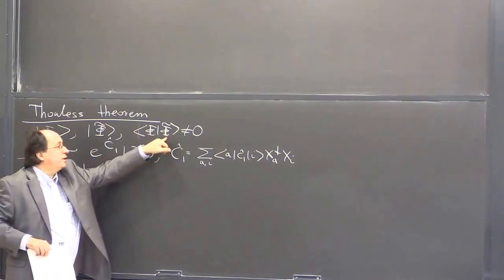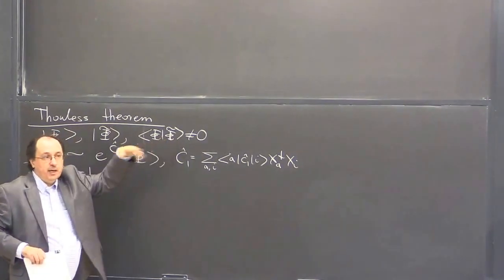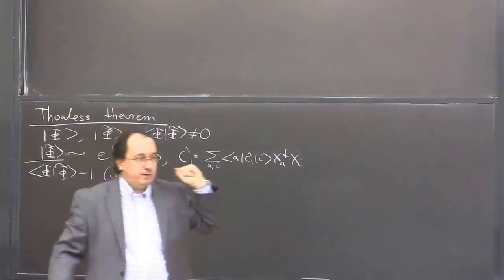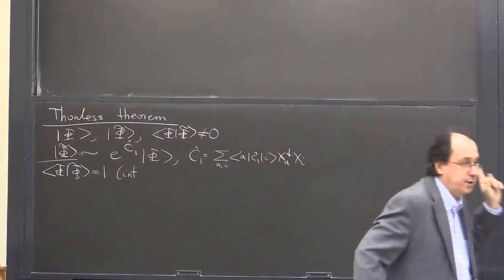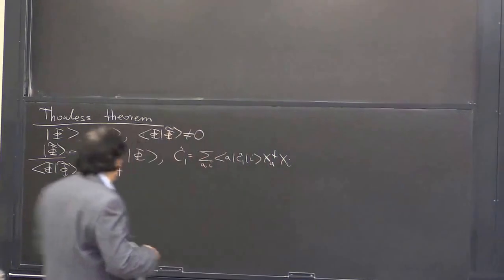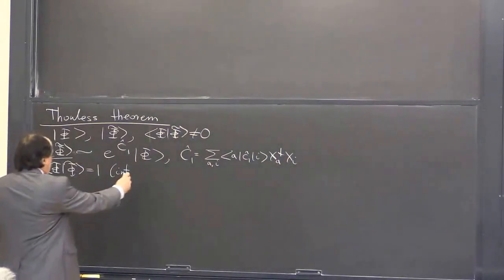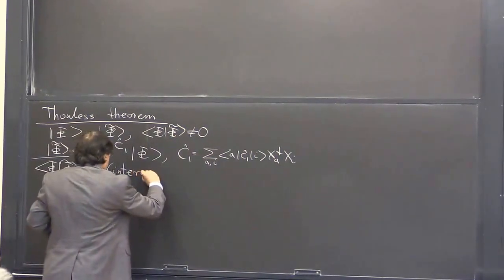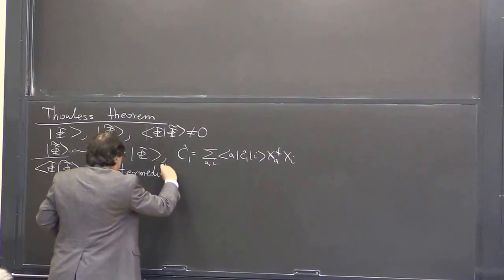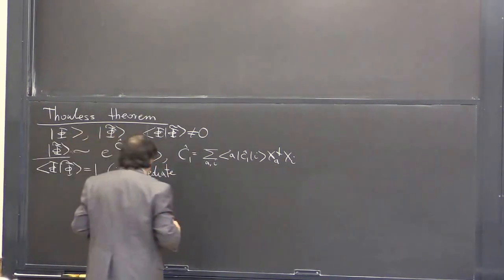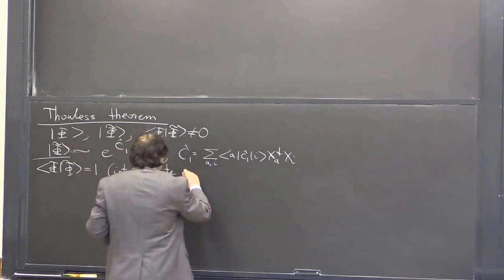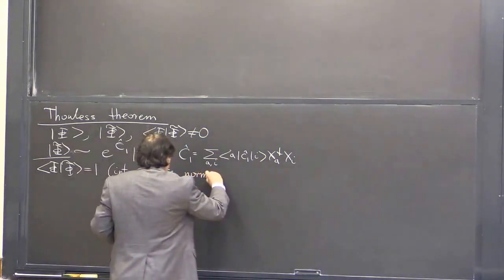If this is non-zero, then of course all you need to do is to divide phi tilde by the overlap of phi and phi tilde, and then you will satisfy this condition. So this condition is always easy to satisfy, and so I'll be making such an assumption. That's a very important condition, as you will see later in coupled-cluster theory and in perturbation theory, MBPT, and we'll use it also here.